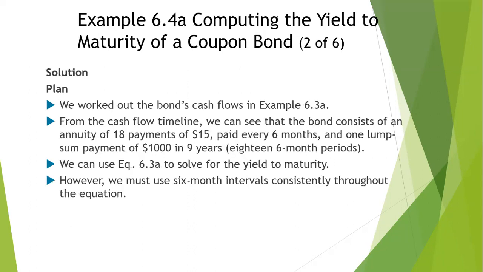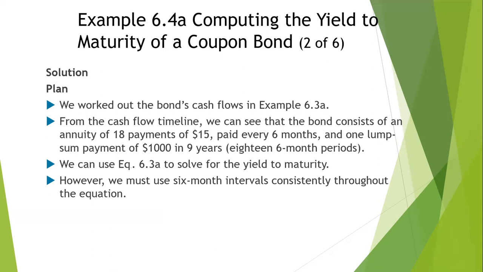So the solution plan: we worked out the bond's cash flows in example 6.3a. From the cash flow timeline, we can see that the bond consists of an annuity of 18 payments of $15. Remember that?